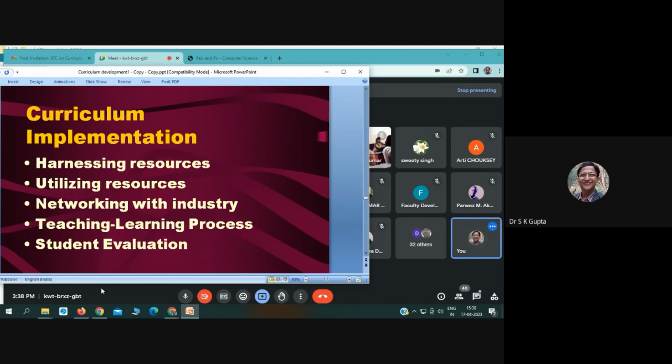Then the student evaluation. What will be your student evaluation process? Whether you have the 5 out of 8 question pattern, or nowadays there will be some multiple choice questions, some short answer type questions, or subjective type questions, as given in the curriculum, whether they have been followed or not.